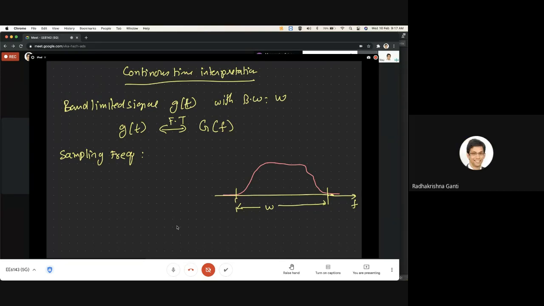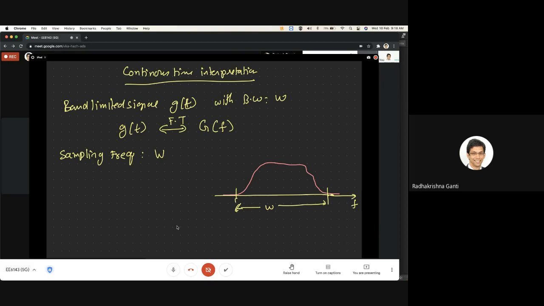Generally when we say 2W, it means half the bandwidth, but here the entire bandwidth is W. So the sampling frequency will also be W. When you say 2W, people assume a real signal. But in general we are dealing with complex signals, and for complex signals, the two-sided bandwidth I call W, so the sampling frequency will automatically be W. What you say is correct. 2W is the Nyquist theorem, but this is also the same as the Nyquist theorem.